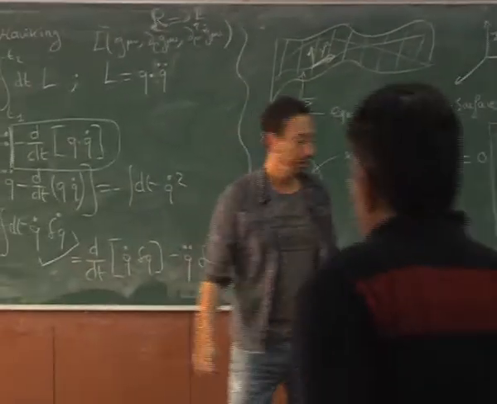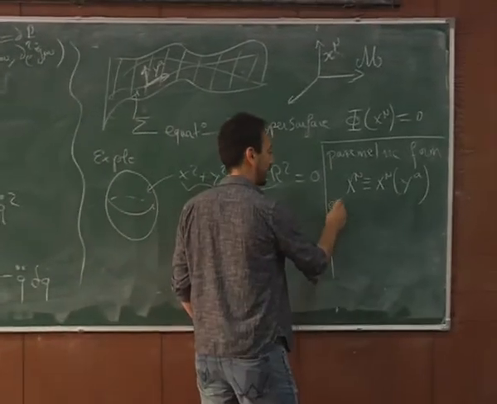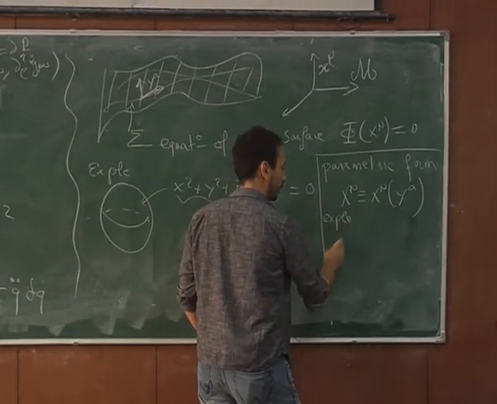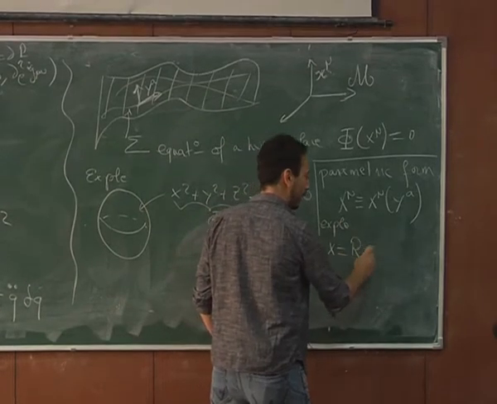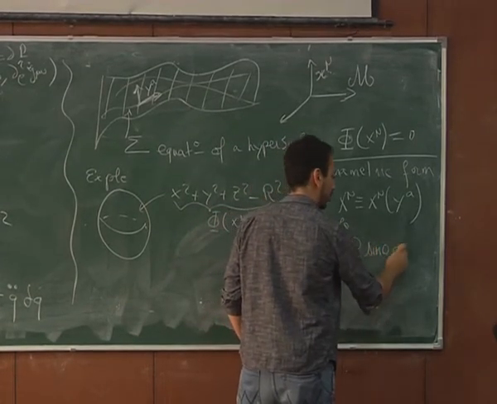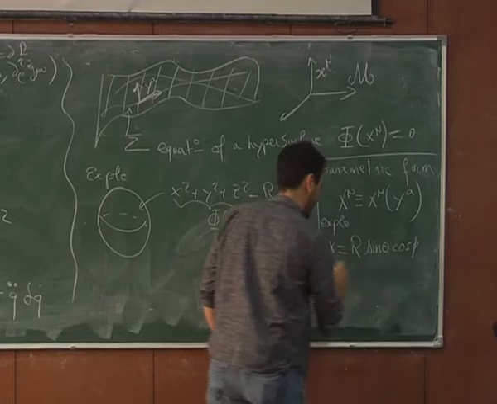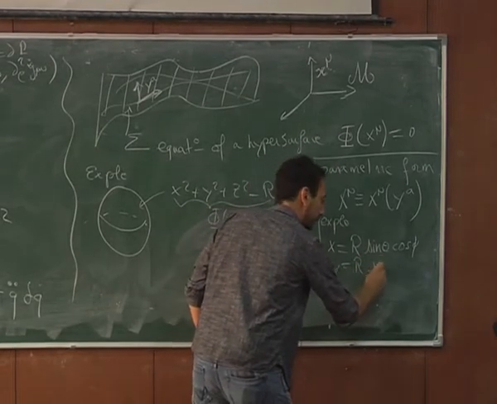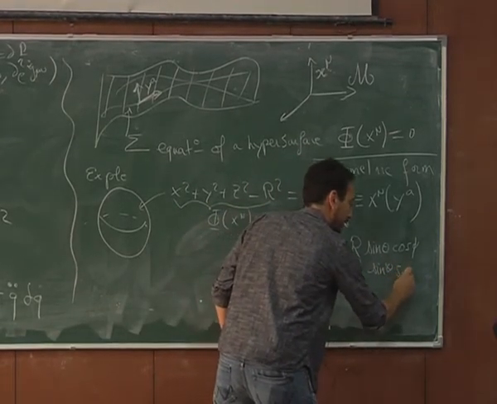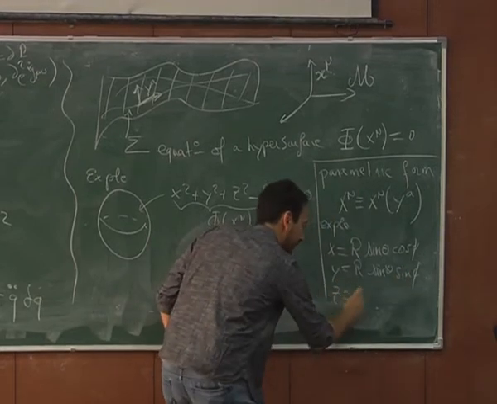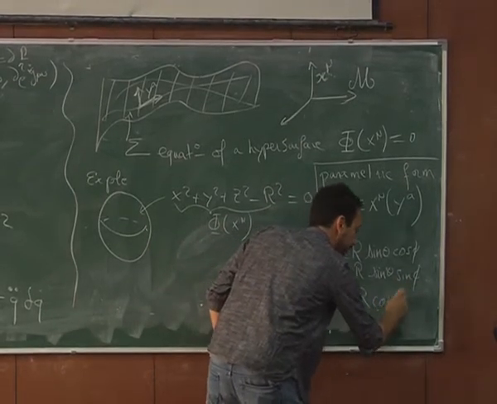For a sphere, example again, for the sphere, you have that x is r sine theta cos phi, y is r sine theta sine phi, and z is r cos theta.